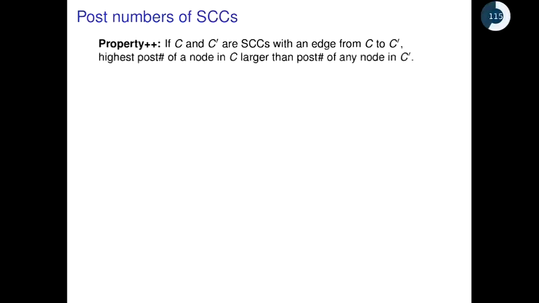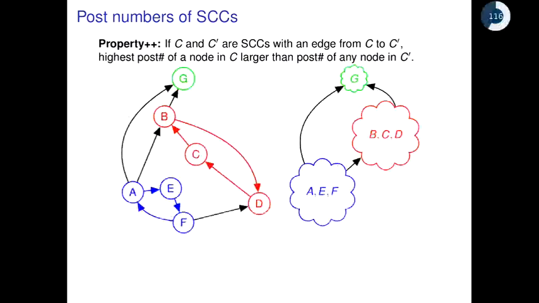So let's look at this property. Just make sure you understand. This is just a graph, and this is a strongly connected component graph. It's a DAG associated with the strongly connected components. Now we wrote down the post order numbers.